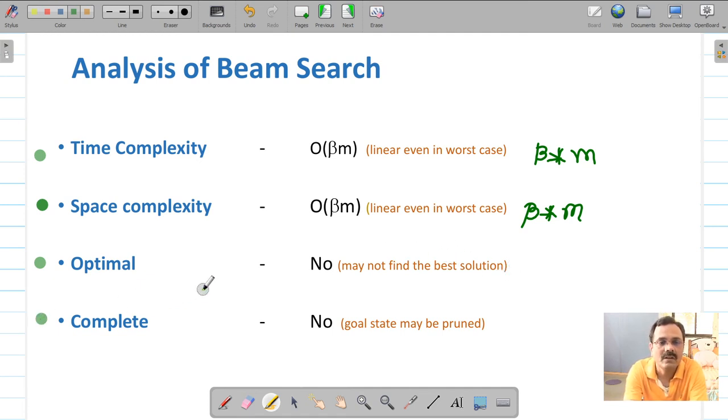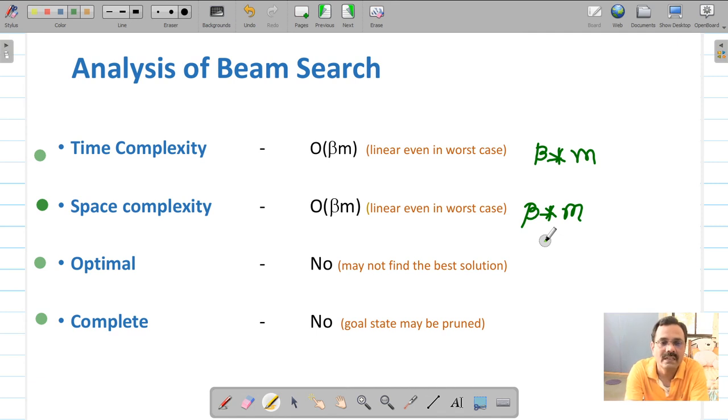Then come to the completeness of this algorithm. Completeness refers to will it give you solution? Do you have guarantee that it will definitely give you solution if it exists? Again, out here answer is no, because there might be a case the path along with which your goal is present, you might have pruned it by limiting this beam width b or beta.